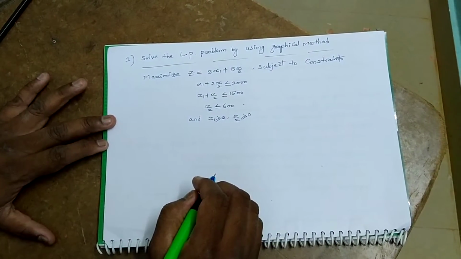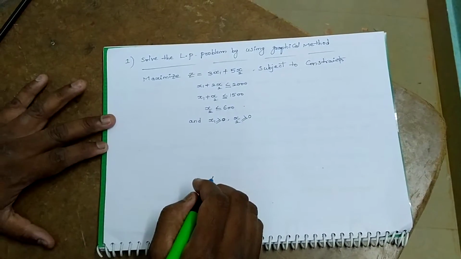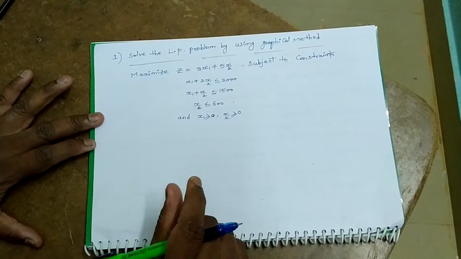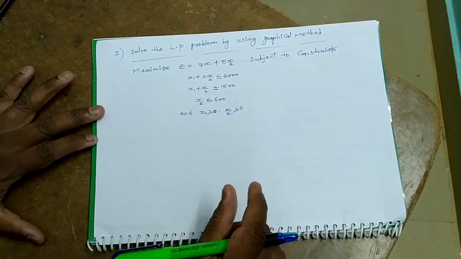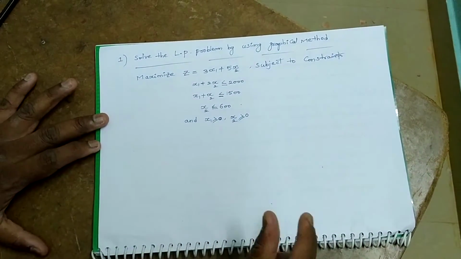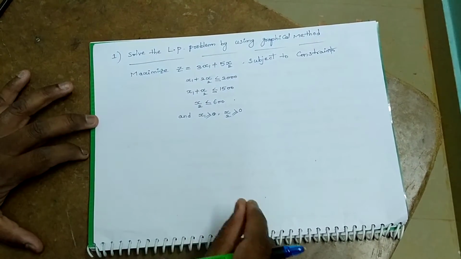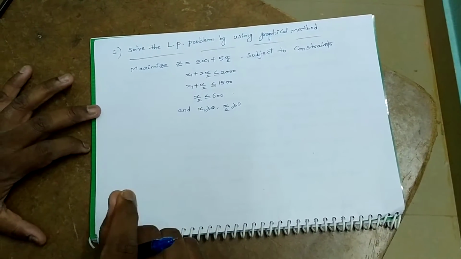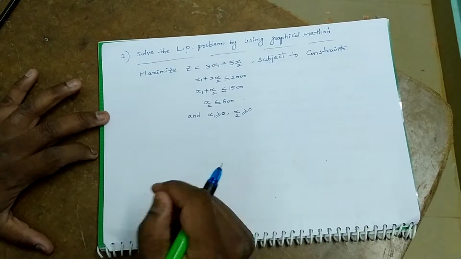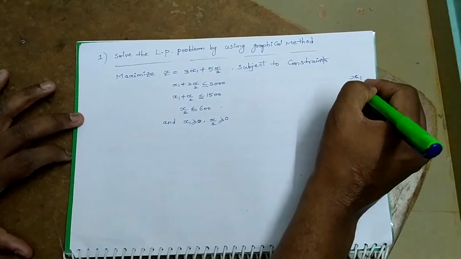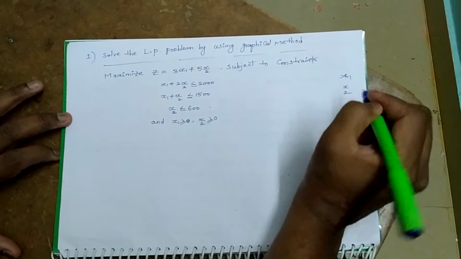The objective function is a maximization problem, and as I already told you, every objective function is expressed as a linear relationship in the decision variables. Here x1 and x2 are the decision variables.